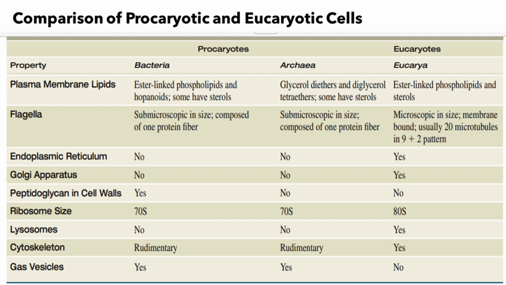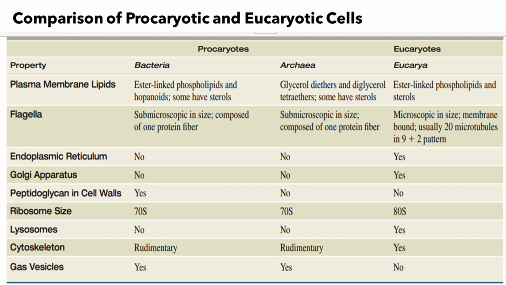In eukarya, microscopic in size, membrane bound, usually 20 microtubules in a 9+2 pattern. Endoplasmic reticulum. Present in eukarya, absent in both bacteria and archaea. Golgi apparatus. Present in eukarya, absent in both bacteria and archaea.